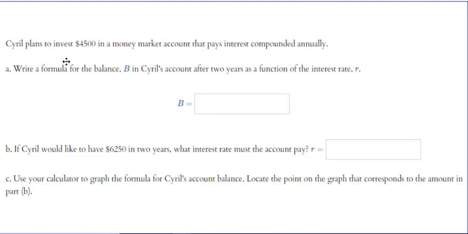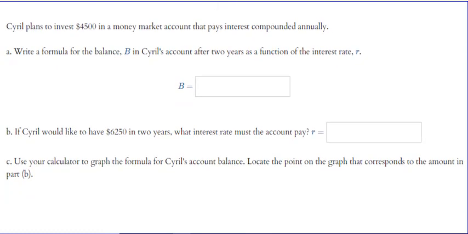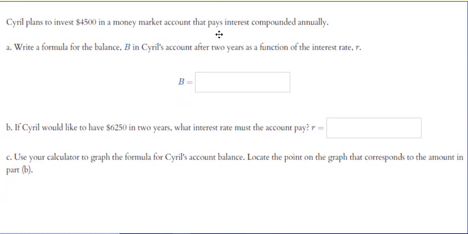All right, so Cyril plans to invest $4,500 in a money market account that pays interest compounded annually. Write a formula for the balance B in Cyril's account after 2 years as a function of the interest rate.